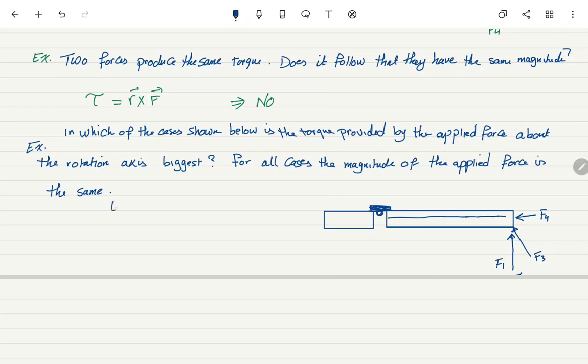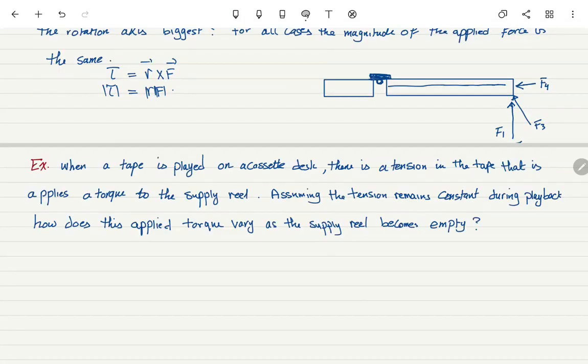Torque equals R cross F, and the angle between F1 and the distance R is 90 degrees, and sine 90 equals 1. The torque will be maximum, which equals R F in magnitude. So to answer this, F1 will get the maximum torque.